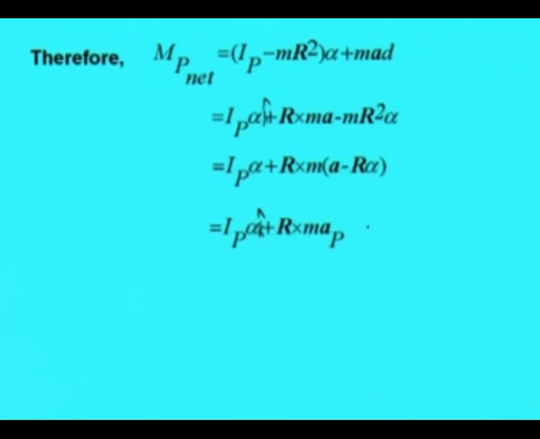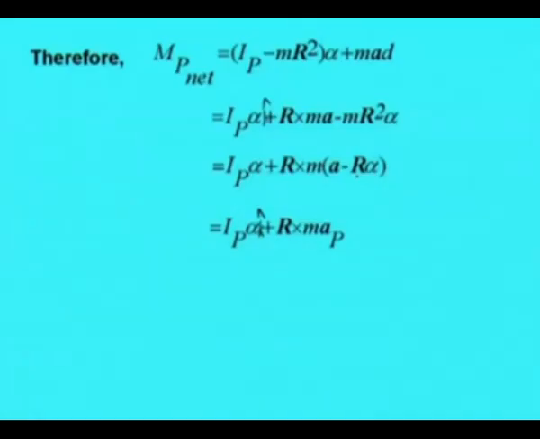So in this case we can certainly say that about any point P, which may be on the body or on a hypothetical extension of the body, you have the equation Mp net is Ip times alpha plus r cross mass into acceleration product. Now if P is a fixed point, it is not moving, so this portion goes to 0.